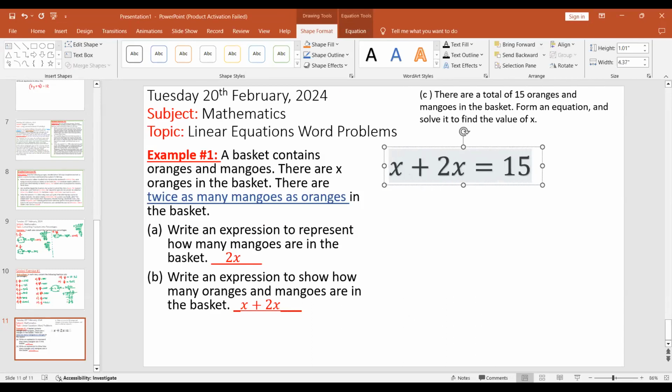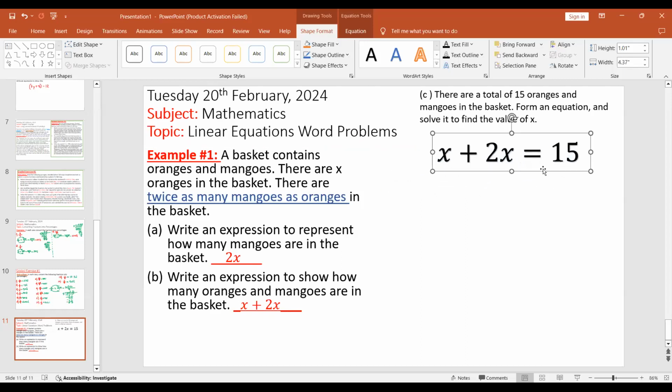Now, why is that? The reason why we say x plus 2x is equal to 15 is because they tell us that the amount of oranges and mangoes that are inside of the basket equals 15. That's the amount of oranges and mangoes. So based on part B, we also know that the expression for the total number of oranges and mangoes is x plus 2x.